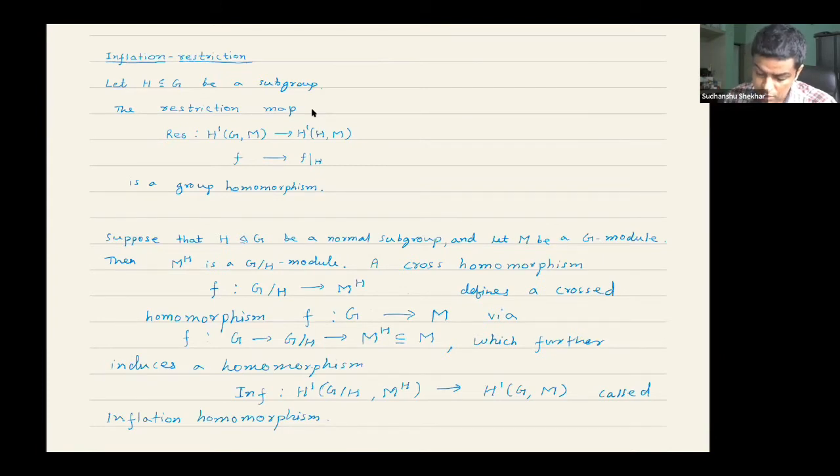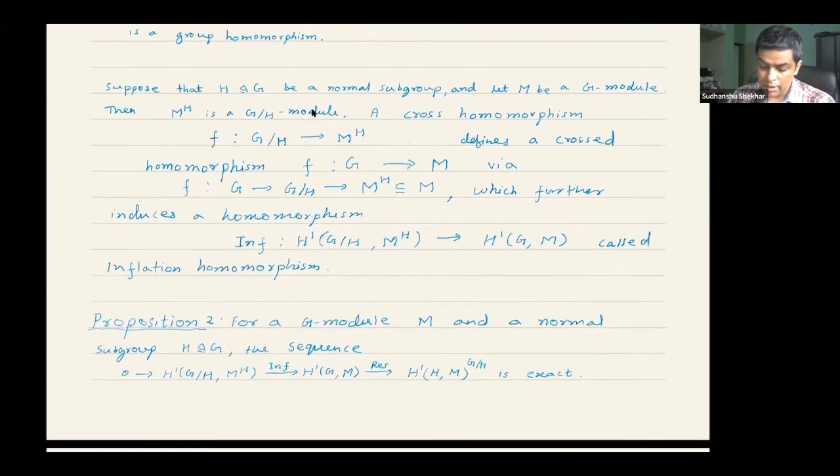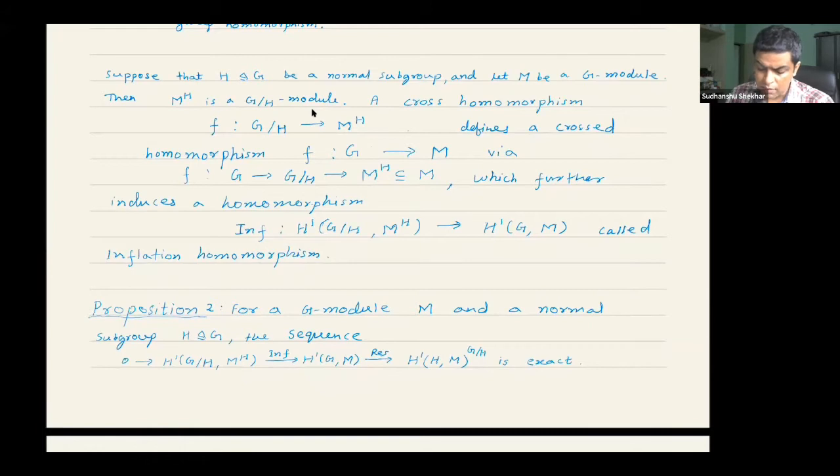Then if you have a cross homomorphism from G mod H to M fixed by H, we can define a cross homomorphism from G to M^H, and then we can include M^H inside M. So we get a cross homomorphism from G to M. This gives us a map from H1 of G mod H comma M fixed by H to H1 of G comma M. This is called the inflation homomorphism, and we have an exact sequence here.